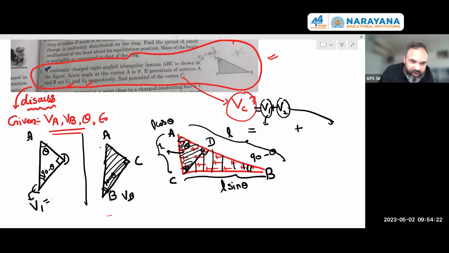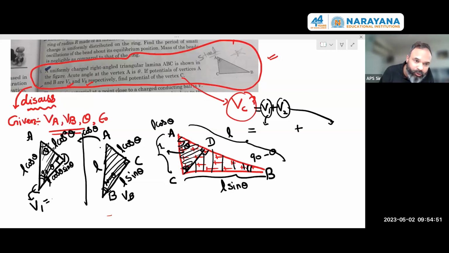So I just converted the lengths, like AC was L cos, BC was L sin, and this guy was L. Here AC itself is L cos, this is L cos cos, L cos square, and this is L cos sin. So it seems that from this triangle to this triangle, they have multiplied every side by cos theta.